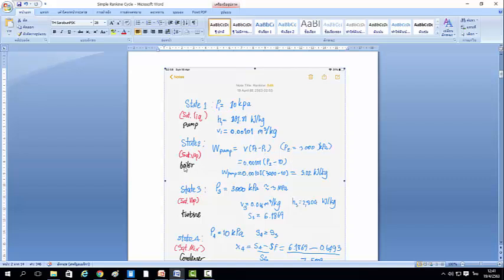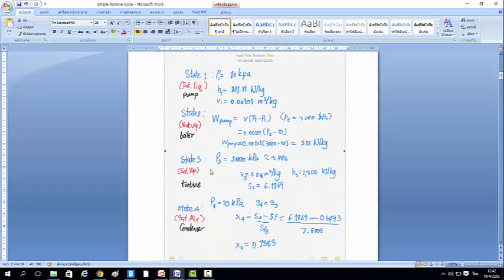P2 you can open from table A5 also, because this is a saturated vapor at the pressure 3 megapascal or 3000 kilopascal. So we substitute them in this line, and we get a work pump here of 3.02.